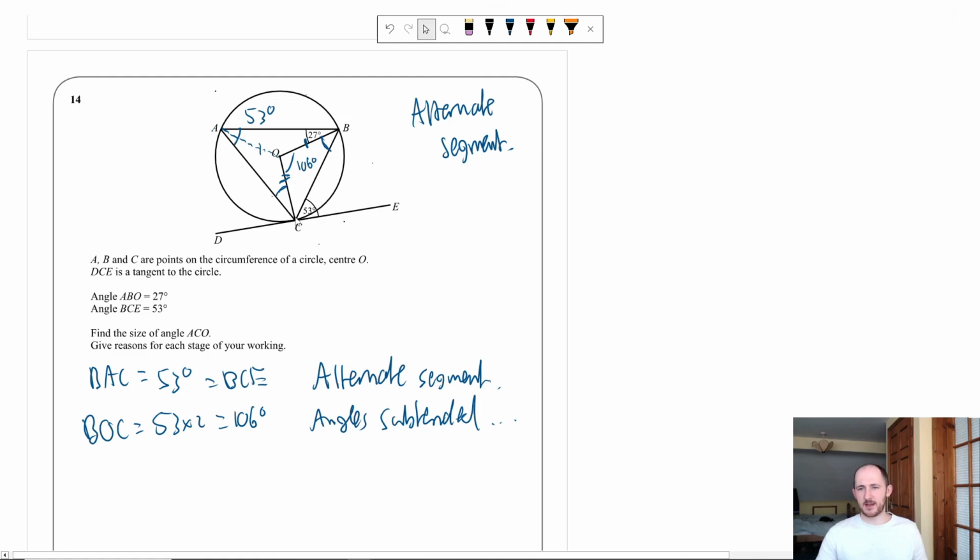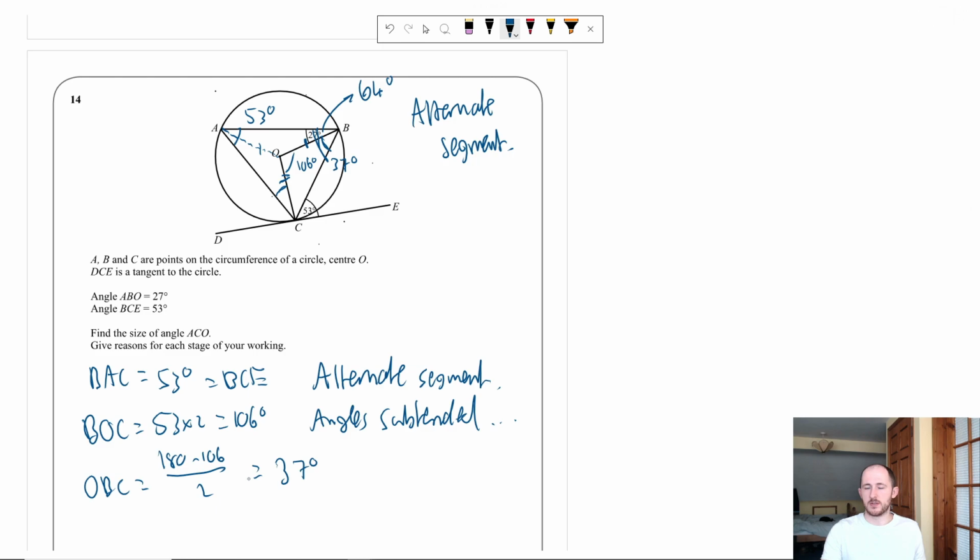Okay? So this is getting a bit complicated now, but OBC is just going to equal 180 minus 106, and then we're going to divide it by 2 because it's an isosceles triangle. 180 minus 106 would be 74. Divided by 2 is 37 degrees. So that is 37 degrees, which means the total angle here is 27 plus 37, which is 64 degrees.